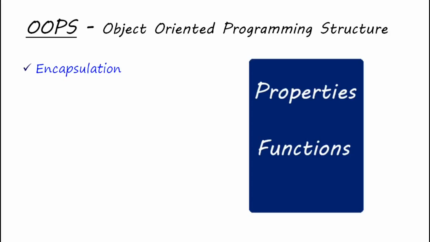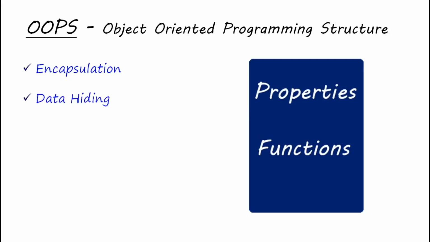Say, an animal will have properties like a color and some behavior, and it will have some functions also, like it will walk, sleep, and eat. You bind all these properties and functions together at one place, you call it a class, and then you make objects out of it. So this is encapsulation.